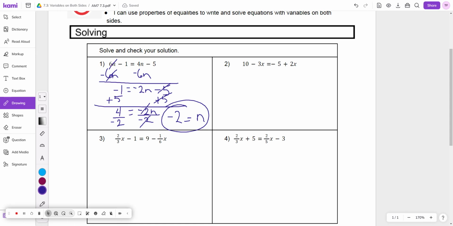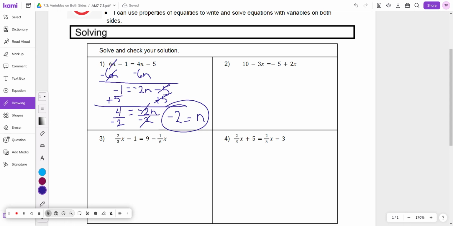All right, let's move on over to the other side. So we've got 10 minus 3x is equal to negative 5 plus 2x. This time, what I'm going to do is move the smaller of the two. Looking closely at this, on the left side I have negative 3x, and on the right side I have positive 2x.